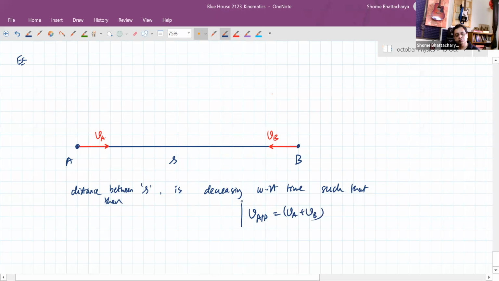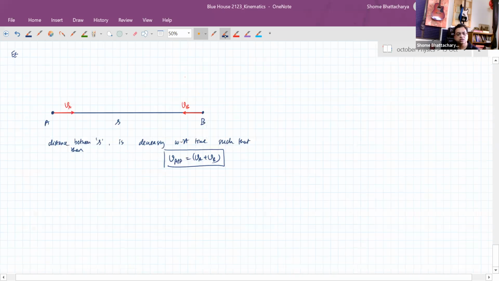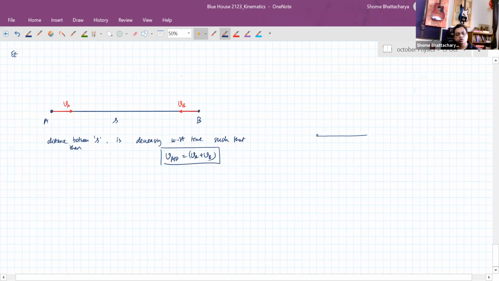It's easy to understand because what is happening is, if this is the picture at some time t, then we can see that after a short amount of time, let's say A will be somewhere here and B will be somewhere here at time t plus delta t.